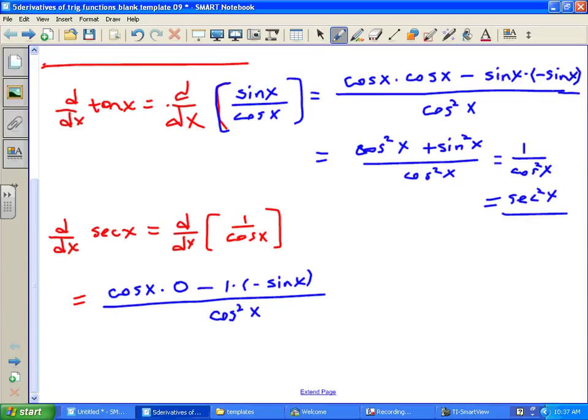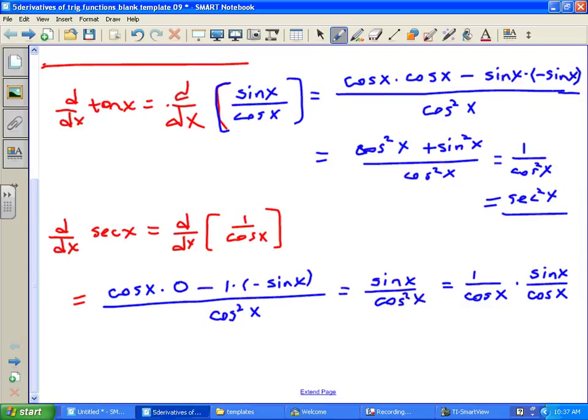Now, if we simplify this a little bit, we have positive sine, because 0 times anything is 0. You have positive sine over cosine squared. But usually you're not going to see this in the textbooks as the answer. They simplify it a little bit differently. They say this is the same as 1 over cosine x times sine x over cosine x. First of all, would you agree that this expression can be written like the second part of the equality?